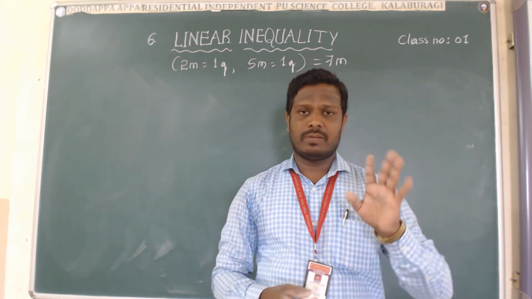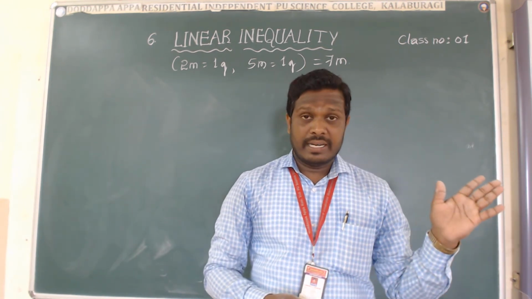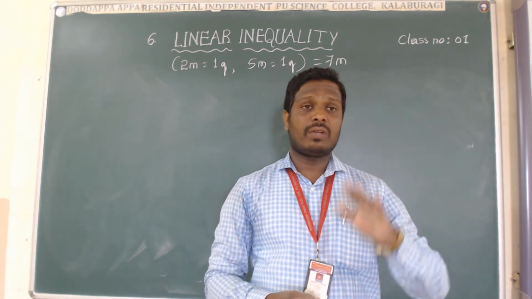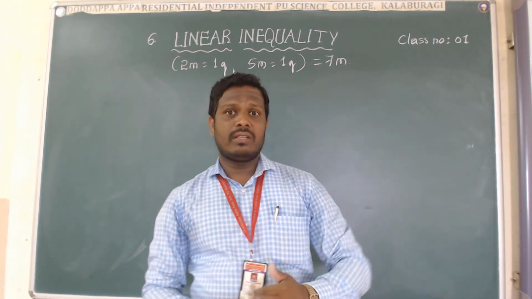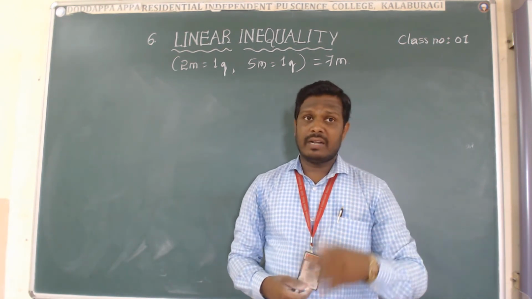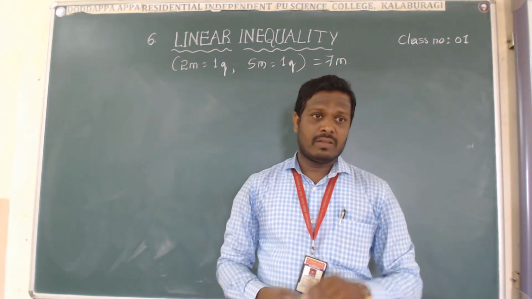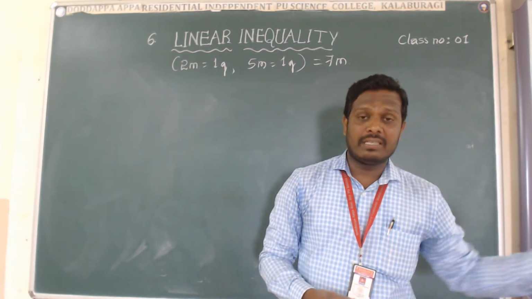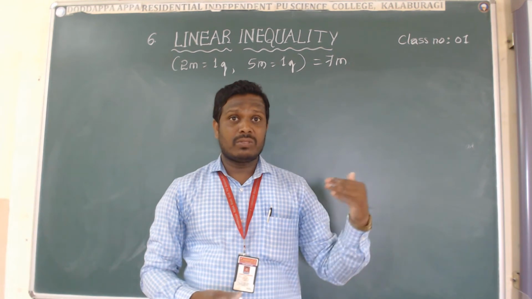We have to know first what is the meaning of natural number and how we represent and denote it. After that, rational numbers or integers, which numbers are called integers. After that, what real numbers mean.